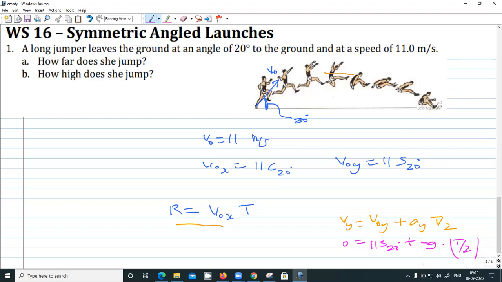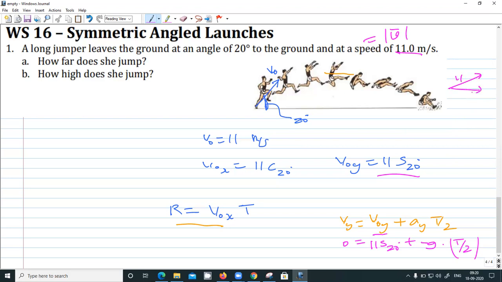How did you get 11 times sine of 20? That is v naught y, right? Why is it 11? Speed is 11, right? What is speed? Speed is the magnitude of velocity. This is the velocity vector, so this length is how much? 11.